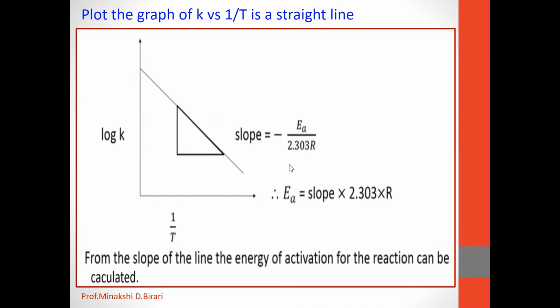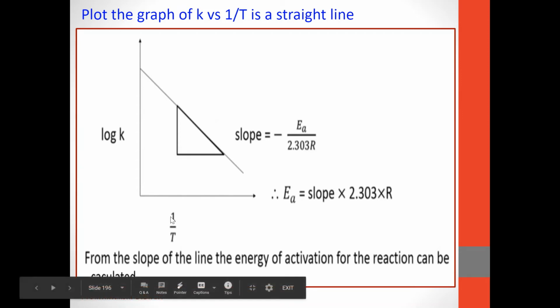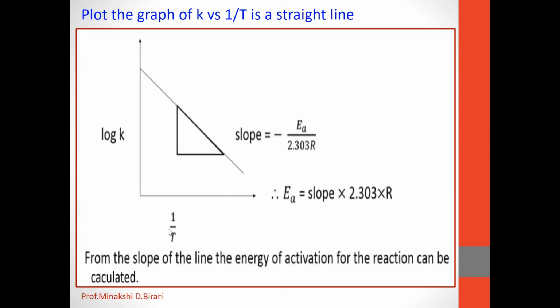Therefore, EA is equal to slope into 2.303 into R. Thus, to determine the energy of activation of a reaction, its rate constant at different temperatures are determined. Then the graph of log K against 1 upon T is plotted.